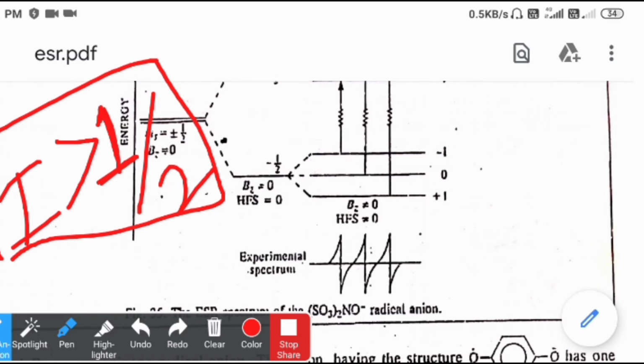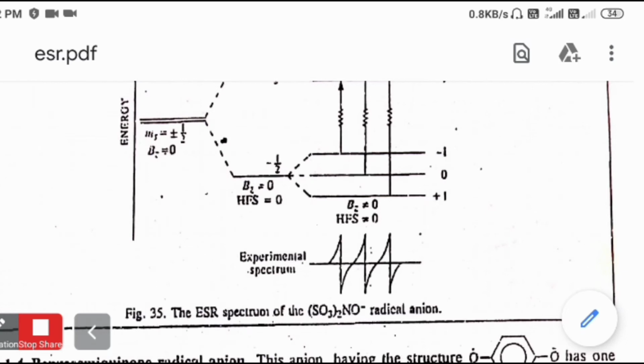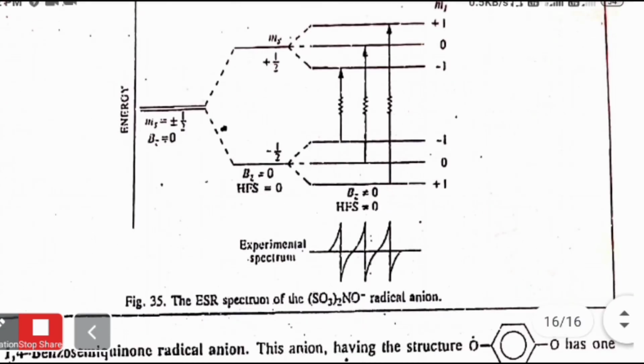If the nucleus has spin quantum number I greater than 1/2, we get non-Pascalian behavior. Most compounds, like organic compounds, contain hydrogen, but certain compounds also contain nitrogen, sulfur, or other ESR active nuclei, which interact and give peaks in the non-Pascalian manner. So we should not be confused there. For non-Pascalian behavior we get intensity ratios in the 1:1:1 ratio.